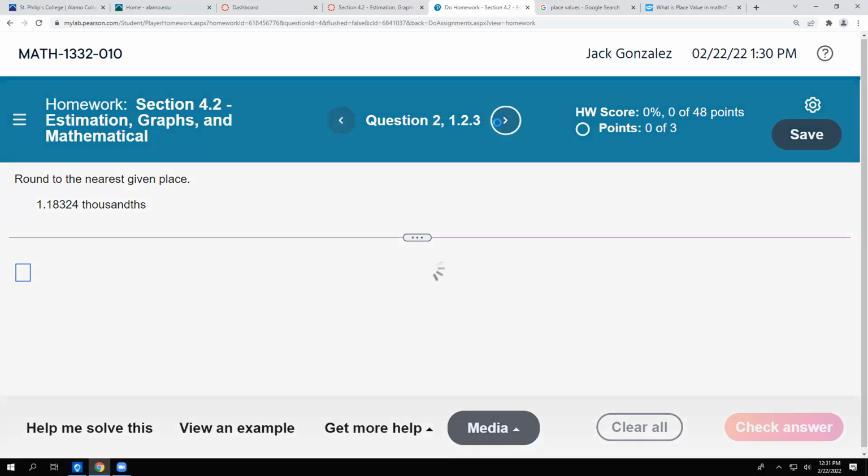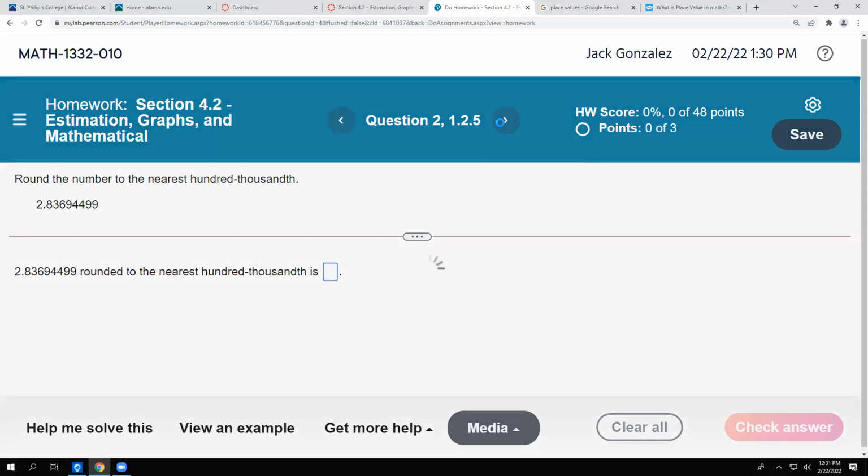So look at the next one. Oops, went too far. Nearest 100,000ths. So what number is that? 4.